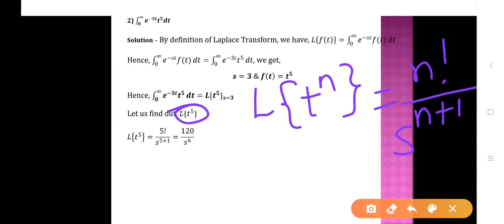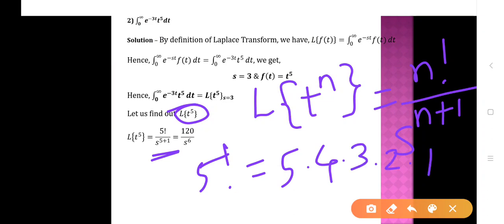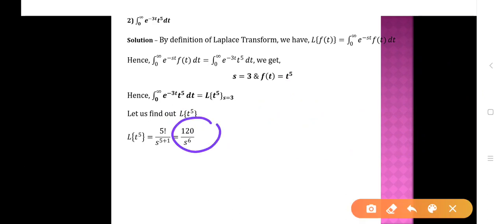So replacing n by 5 in this general formula, we get 5 factorial upon s raised to 5 plus 1, that is 120 upon s raised to 6. What do you mean by 5 factorial? It is nothing but 5 into 4 into 3 into 2 into 1. 5 4s are 20, 3 is 60, into 2, 120. So the numerator is 120 and the result is 120 upon s raised to 6.